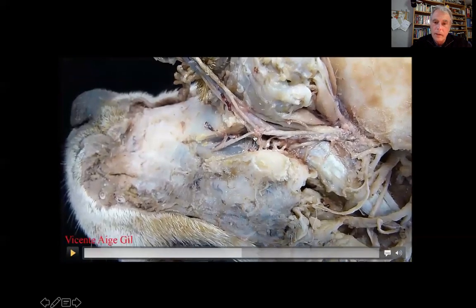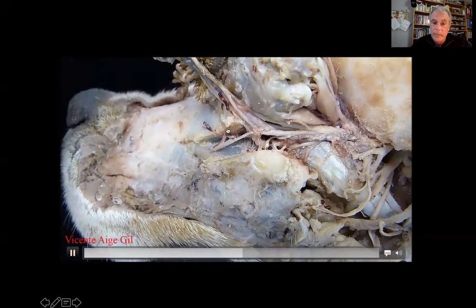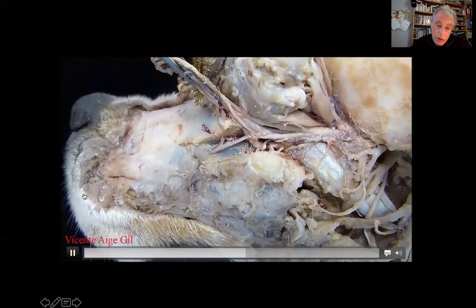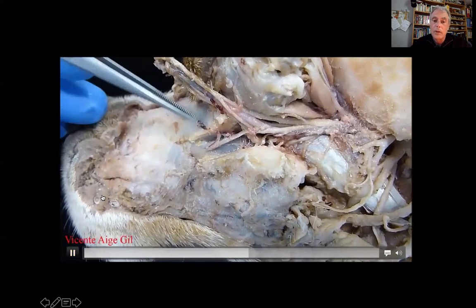Now it is easy to identify this nerve that is going to run through the incisivo-maxillary canal and reaches the rostral teeth, to innervate these teeth that are in the rostral portion of the mouth.